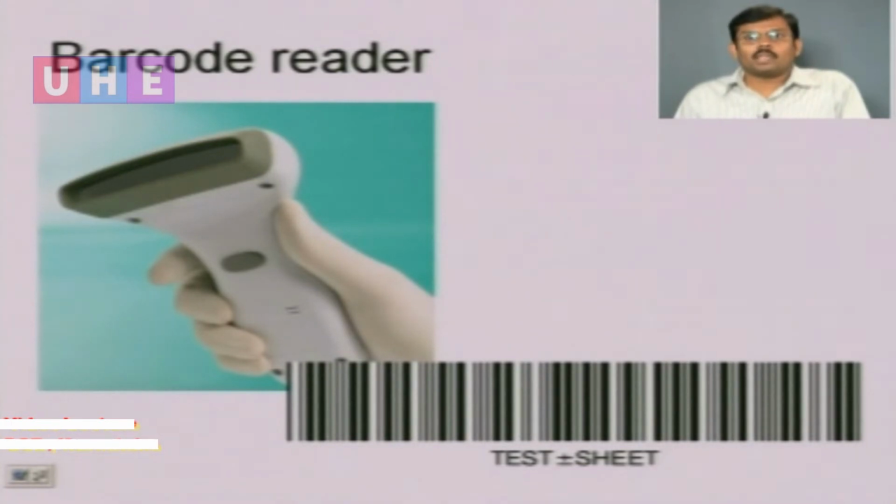It has got a variety of uses nowadays. So how do you feel? You have to enter the actual information. For example, when a very big product is there, you have to enter its name, and along with that you have to enter the price also. Instead of doing all these things, what you can do is store it in the form of a barcode and paste it on the product.